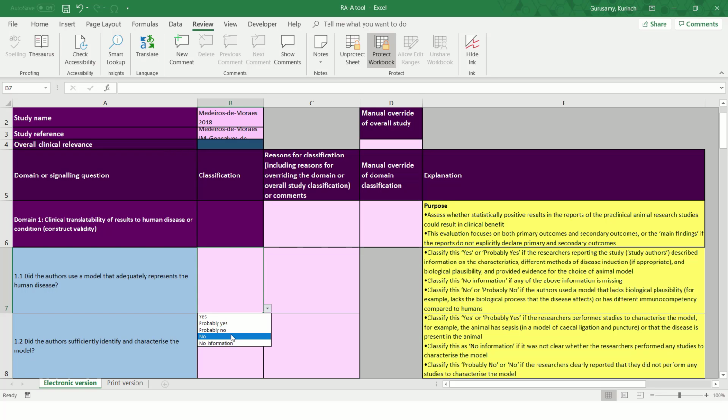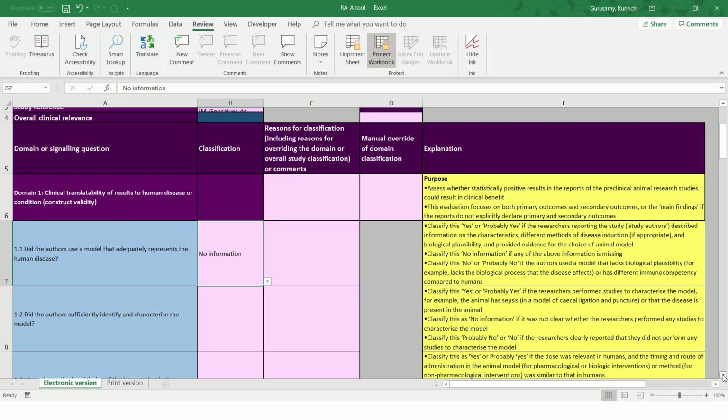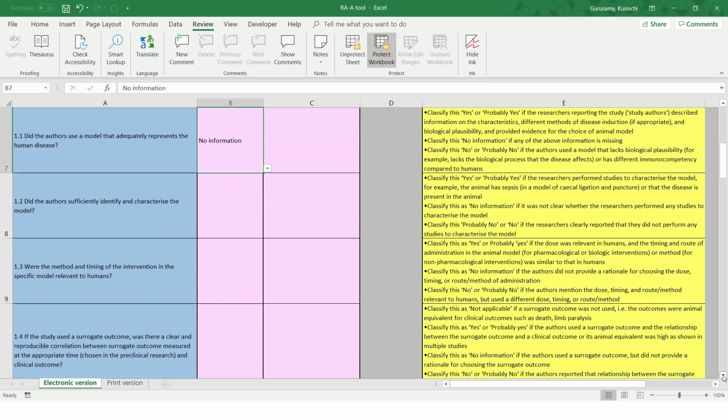Remember, we are not expected to search. If you want to use this tool, you are not expected to search for information from other sources. You are expecting the authors to provide the information, so you would put no information for that.